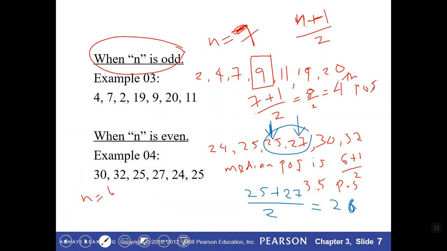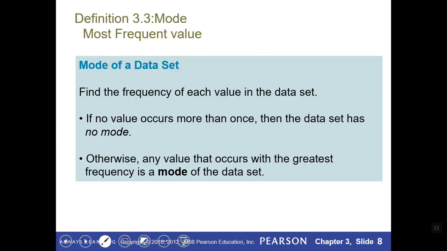Okay, next one, mode. Mode means the most frequent value. In my observations, if I have a frequent value, then I can say that value is my mode.